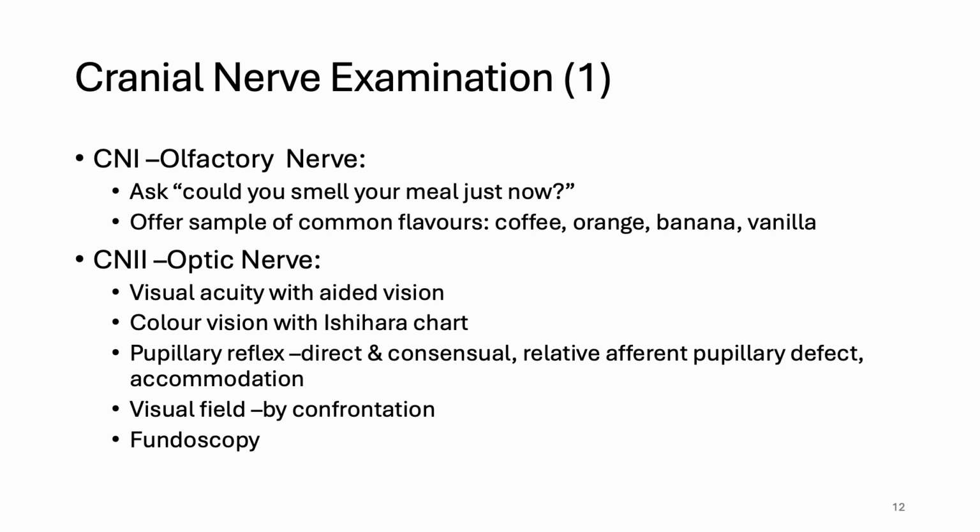You should note whether there is a relative afferent pupillary defect. And lastly, you should check for accommodation. The response should be both eyes will be adducted and the pupils will be constricted. Next, you will check the visual field by confrontation, and you will end by checking the fundoscopy.